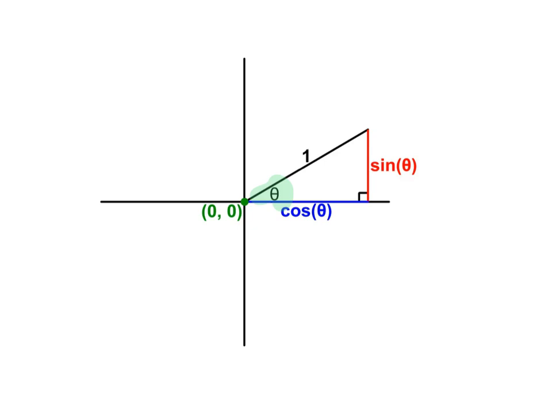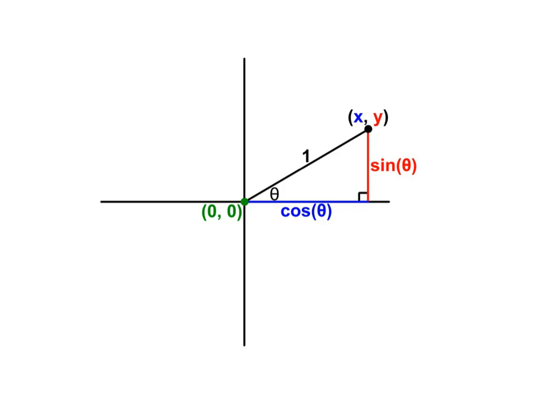All right, now if that is the origin, then notice that in order to get the coordinates of this point out here, I'm going over and up by the same leg lengths of my right triangle, which remember I had called x and y.